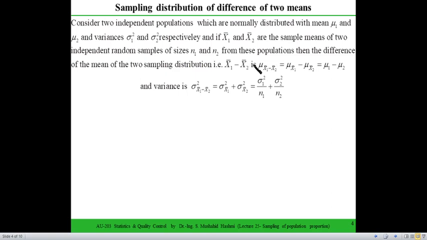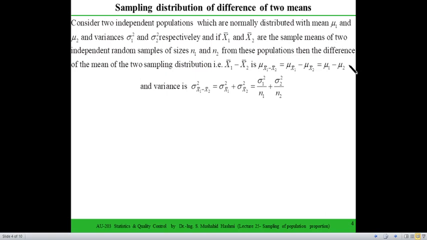We will not derive it, but we will write down the result that the mean of the difference of the sample means is equal to the difference of the population means for both populations.